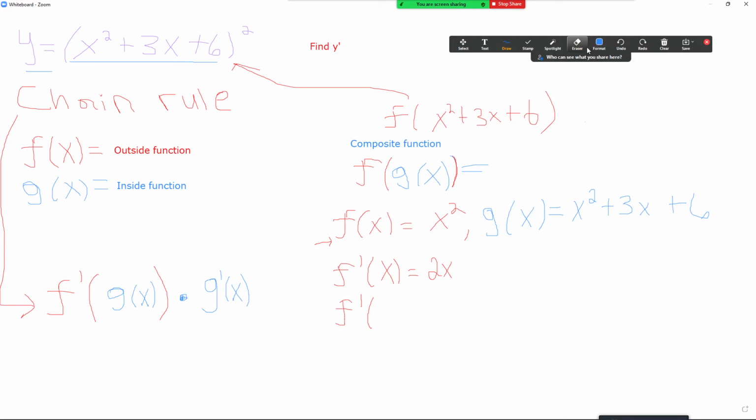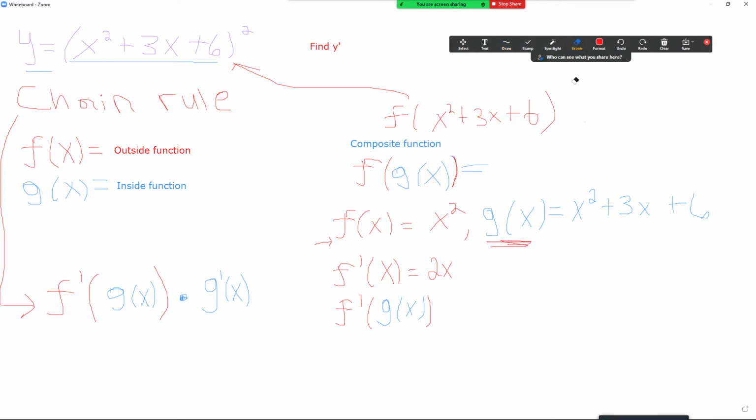I'm just taking it step by step here. So now I want to know what's f prime of g of x. First you need to say, what is g of x? g of x is our inside part. It's what's in blue here.